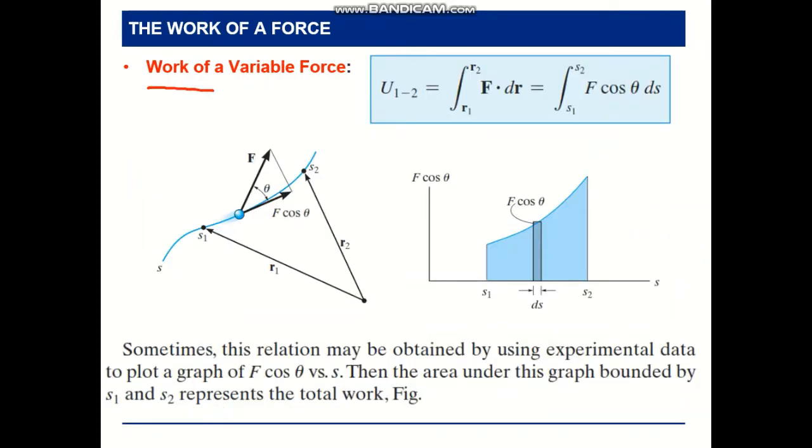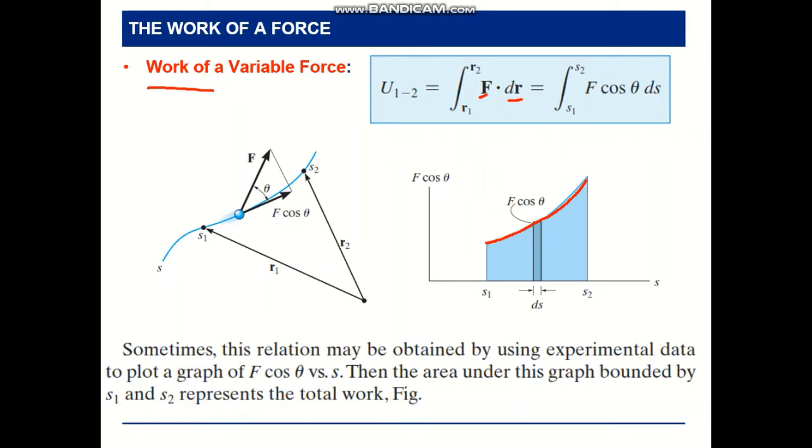If we calculate the work with variable forces, it means your F function is given along dr. As F changes, F cosine theta changes with distance, so that means it depends on the distance. So what we need to do is take the integral, because the area under this curve gives us the energy.